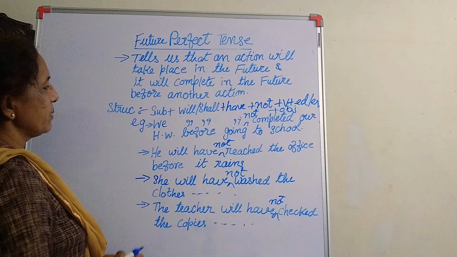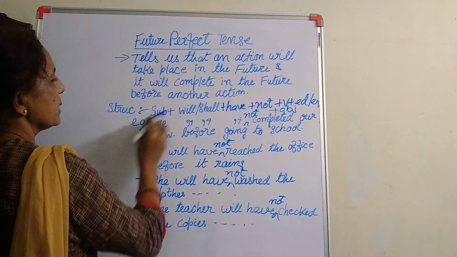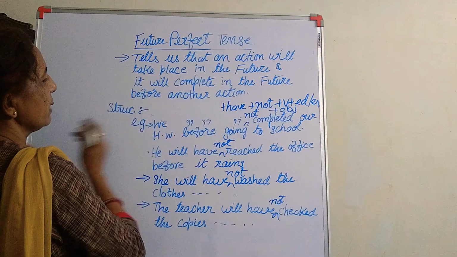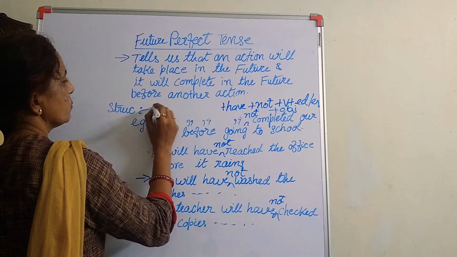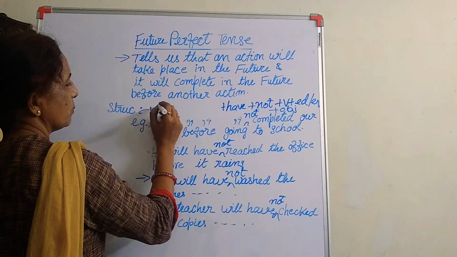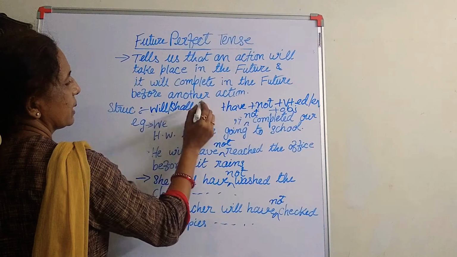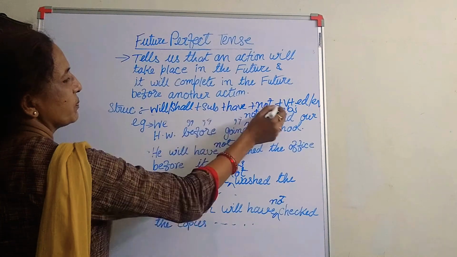That is how. And if it is a question, then what will happen? The things will be the same. Subject will go after the word will or shall. So will and shall will be there, plus the subject, plus have, plus verb.